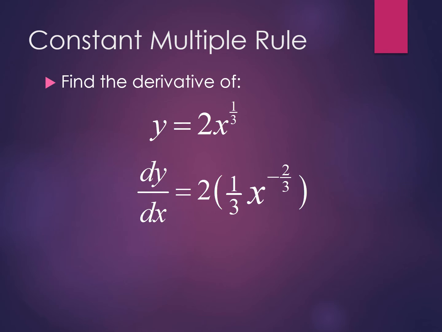In doing this, it is equal to 1/3 times x to the -2/3, because 1/3 minus 1 equals -2/3. Then simplifying further so that we are making our exponent positive, it will become dy over dx equals 2 over 3x to the 2/3.